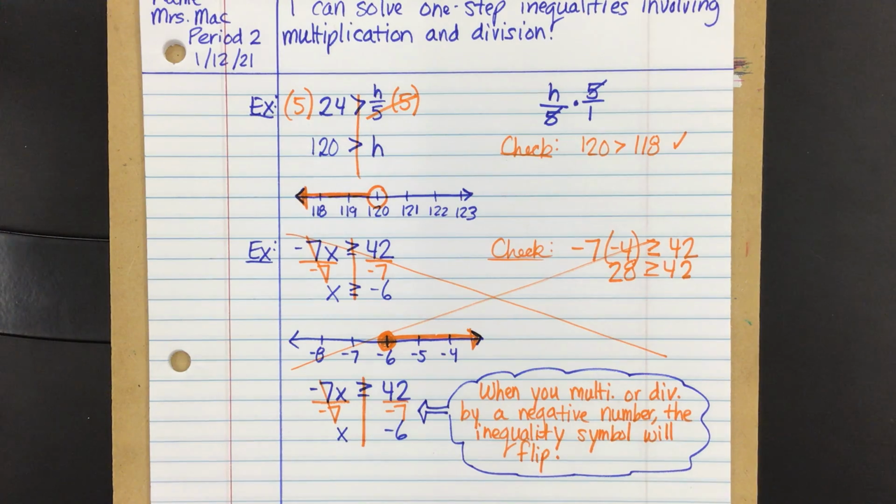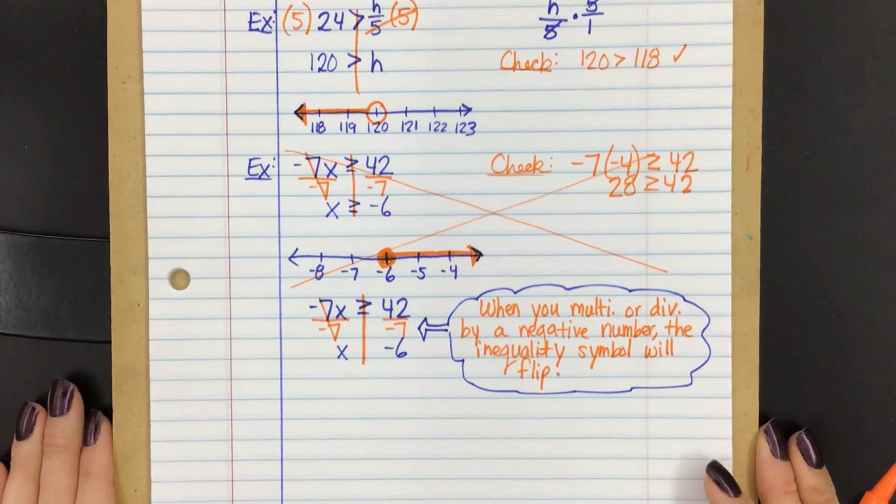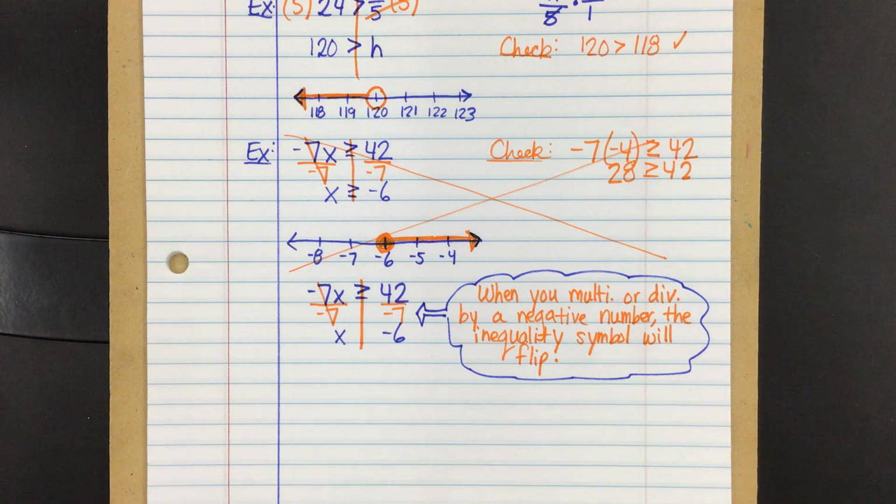Okay. So negative numbers just do something funky to inequalities, and so it needs to be flipped.